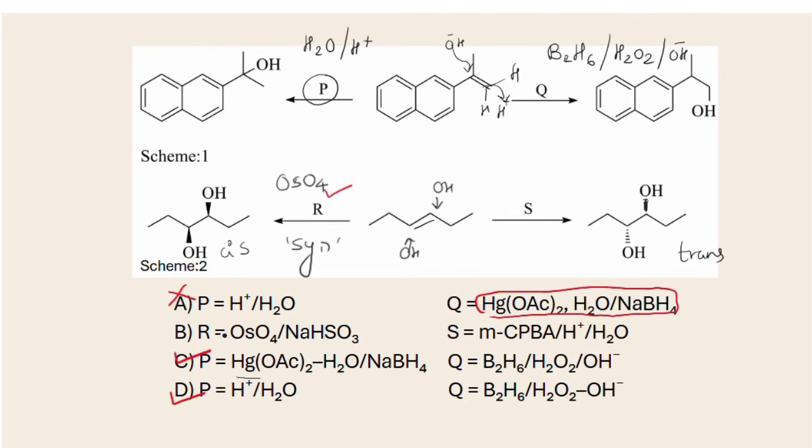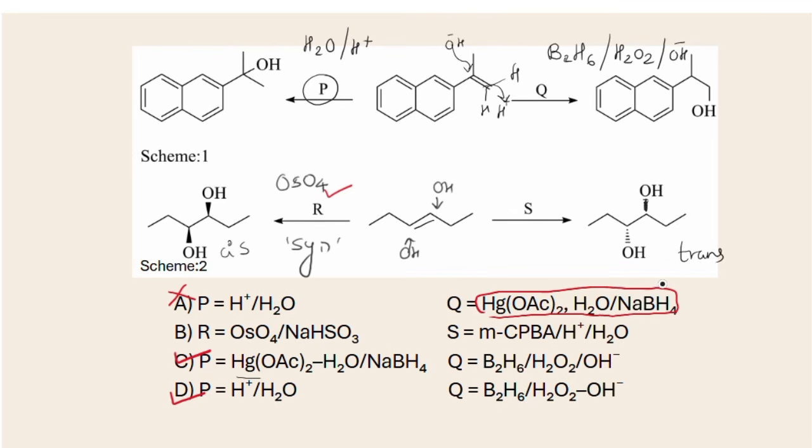So B could be right, but let's check for S also, right? So for S, what is given? m-CPBA. What does m-CPBA stand for? It is metachloroperbenzoic acid. So remember, whenever we add this m-CPBA, it always does the epoxidation here, and then the water will open up that epoxide ring.